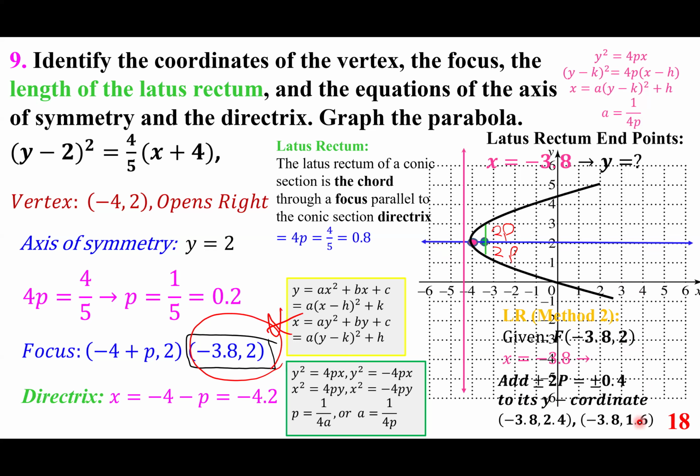So you go up and down by 2p, 2 times p units, up and down. That gives us those 2 points.